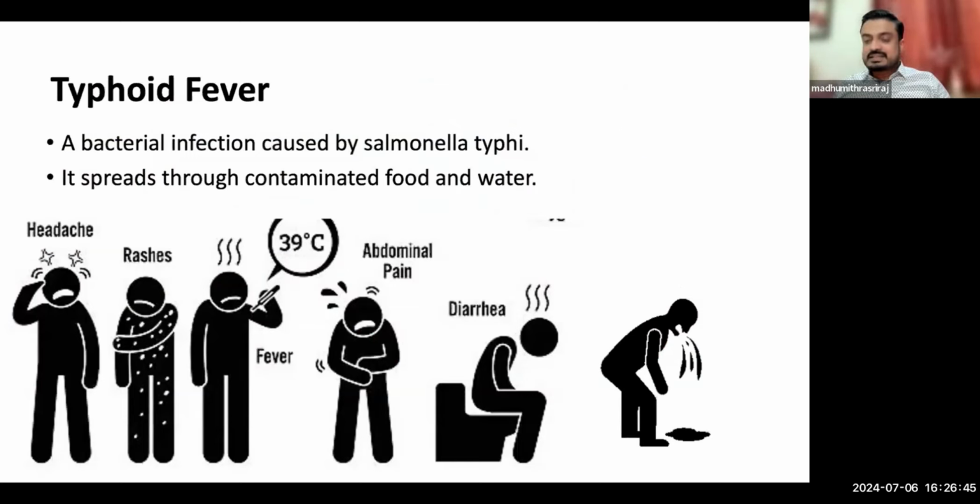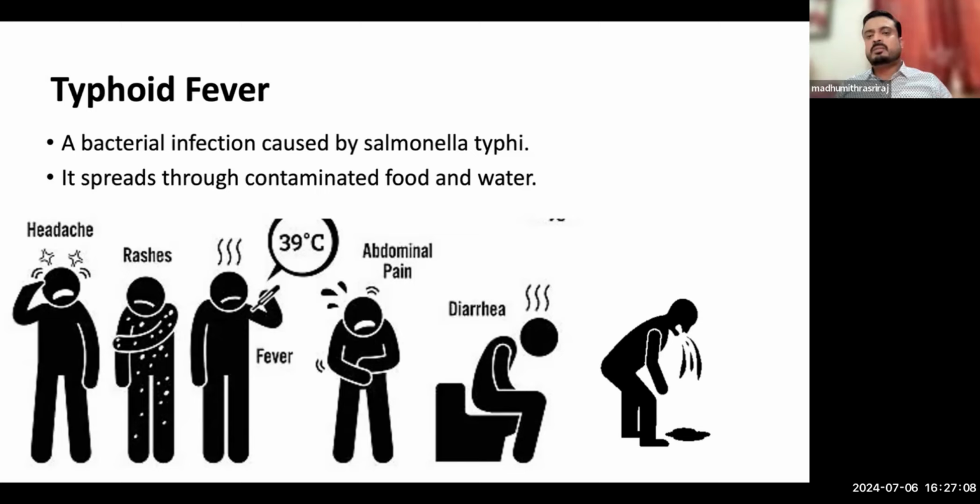So next important thing which I would consider is typhoid. Typhoid is a disease caused by a bacteria called salmonella, common during summer and spring seasons. It's a waterborne disease where the bacteria thrives well in hot temperature.